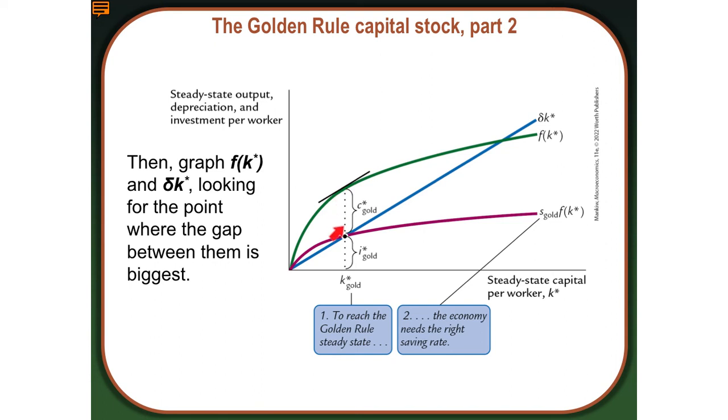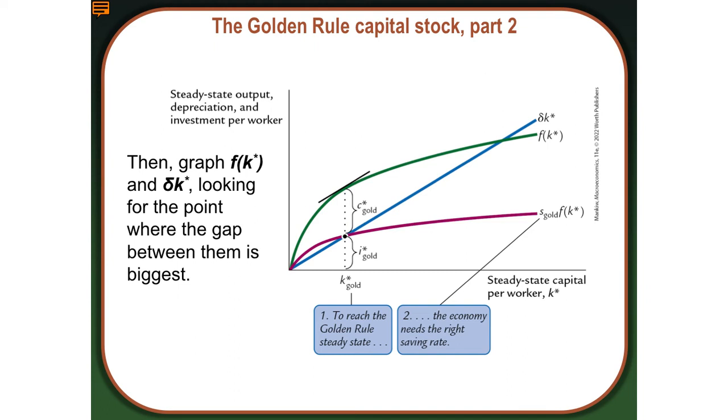So in other words, this gap between the green and the red line is biggest where our golden rule level of capital is. And it turns out that there's this rule of equal slopes here that suggests that at the point where C is maximized, the slope of this production function is going to be equal to the slope of this depreciation line.